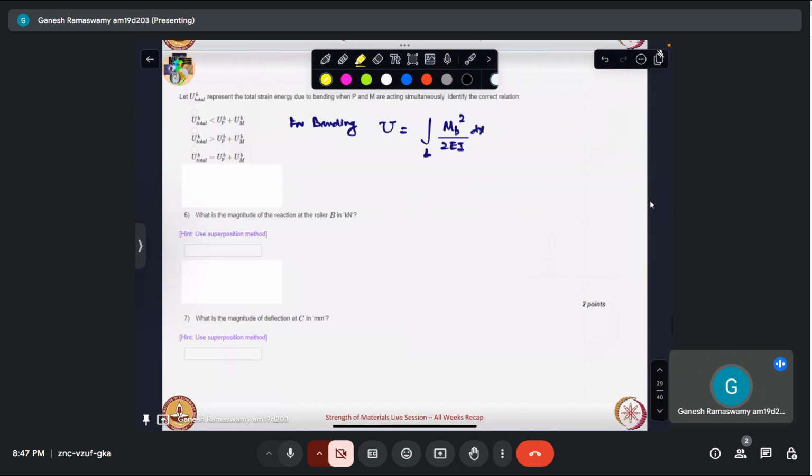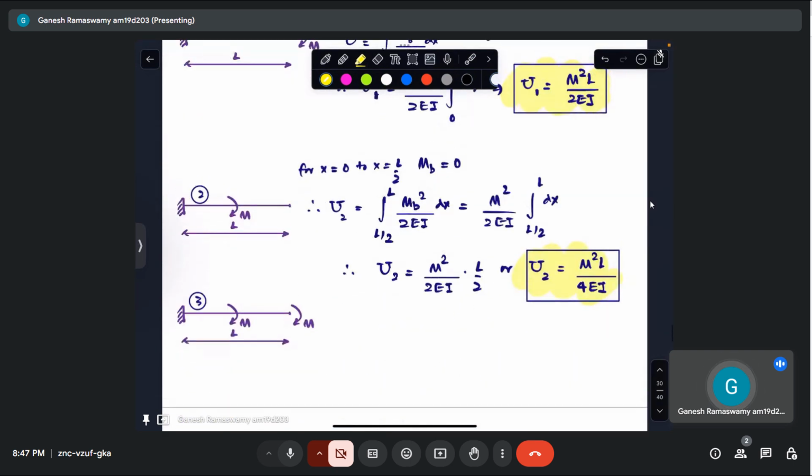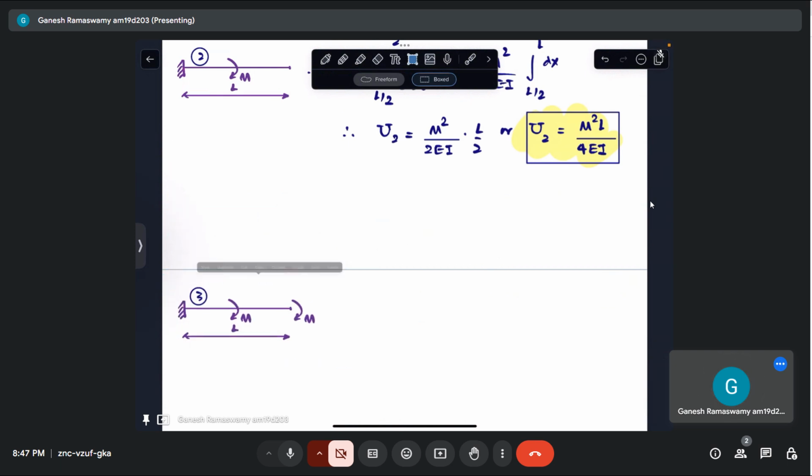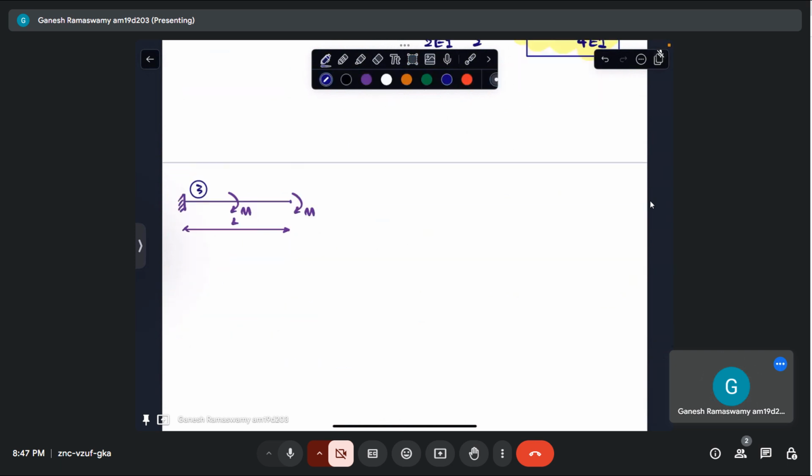Now what this question is driving towards is whether, if we add these two, we will get the strain energy of this. So let us work it out and see for ourselves. For this case, from x equal to 0 to x equal to L by 2, the bending moment M_B is M, and for x equal to L by 2 to x equal to L, M_B is basically 2M.